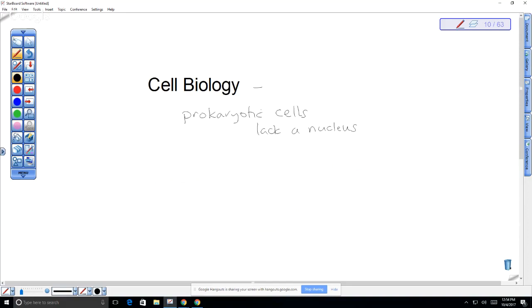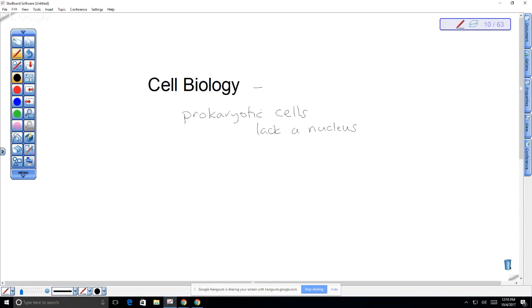But just say pro means before, kary means nut. So this is before the nucleus. So these were actually the first type of cells that we see in the fossil record. So if the Earth is 4 billion years, then these showed up about 3 billion years ago. We see prokaryotic cells.